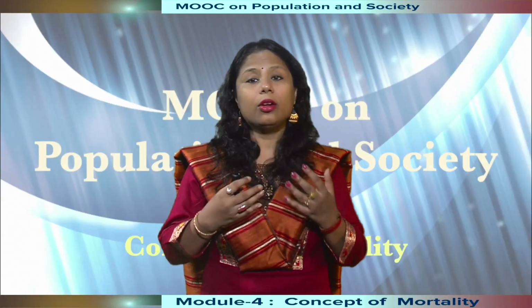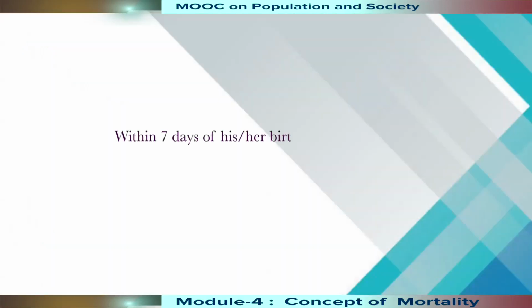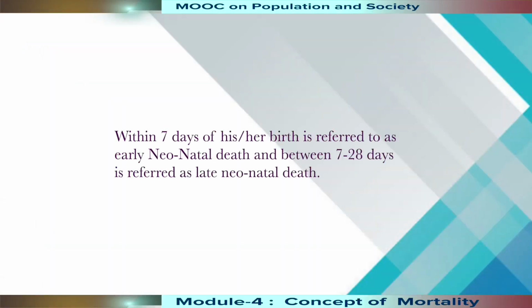Now, the death of an offspring within 7 days of his or her birth is referred to as early neonatal death, and between 7 to 28 days is referred to as late neonatal death.